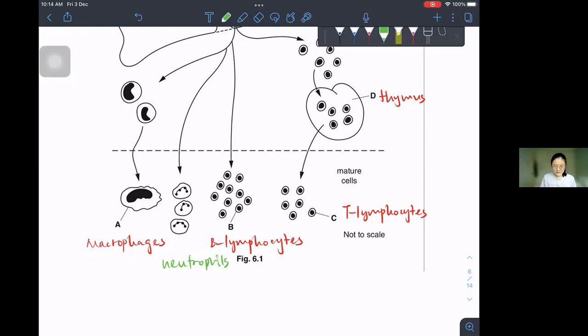So how we identify macrophages is that they have 2 characteristics. So, want to try, what are the 2 characteristics that we can use to identify the macrophages? Yes, Yong-eun, indented nucleus, and another one.